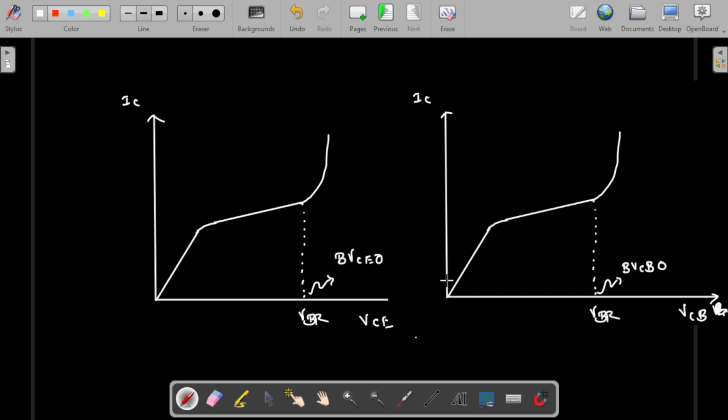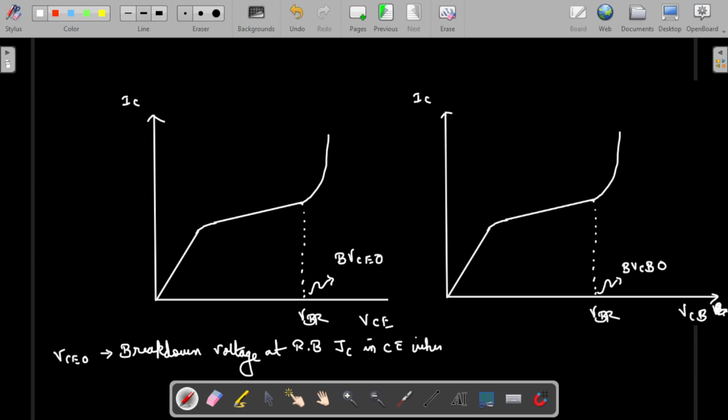Let me explain what this is. VCEO can be stated as the breakdown voltage at the reverse biased collector junction in common emitter mode, CE, when the base is left open.